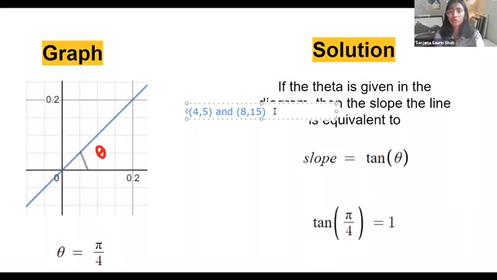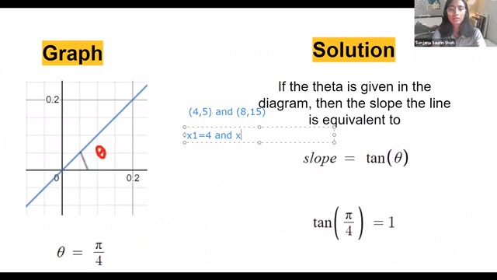If that is the question and we need to find the slope, then in this scenario, your x1 would be 4 and x2 would be 8, while y1 would be 5 and y2 would be 15.